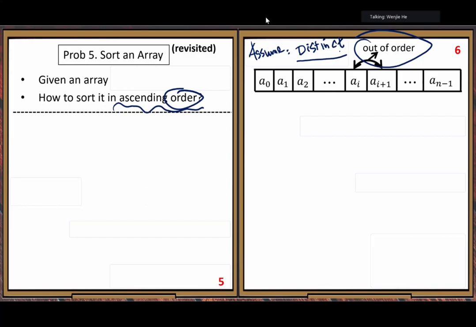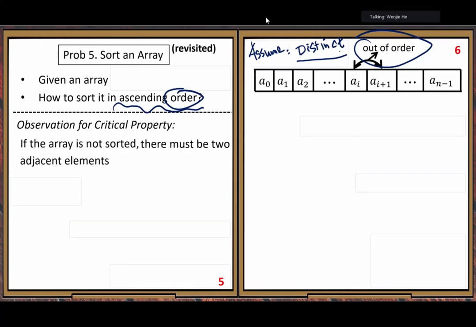How to study this important case? So here, the critical observation. We will talk about that later.